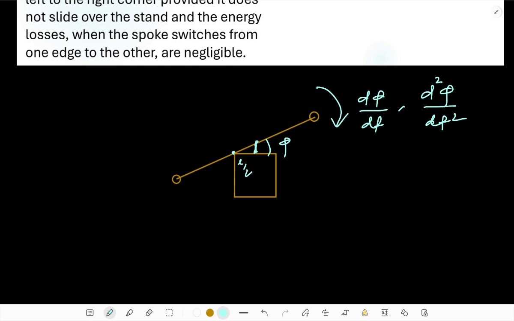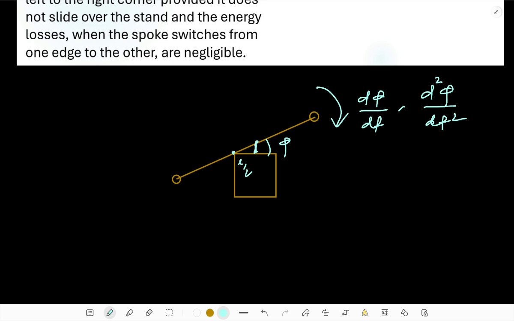Now mechanical energy is conserved. That means kinetic plus potential energy is conserved. So I need to write down the kinetic energy and potential energy of this system, rod plus ball system.